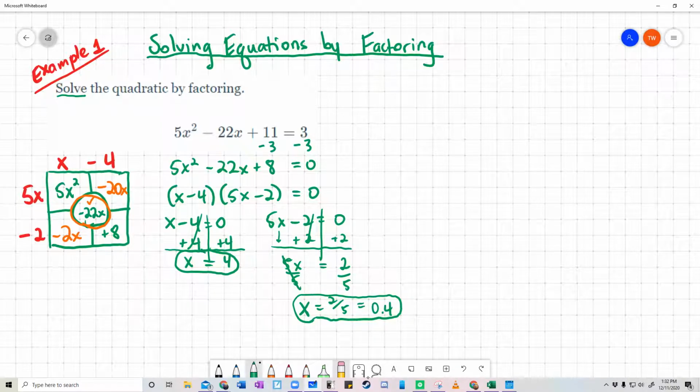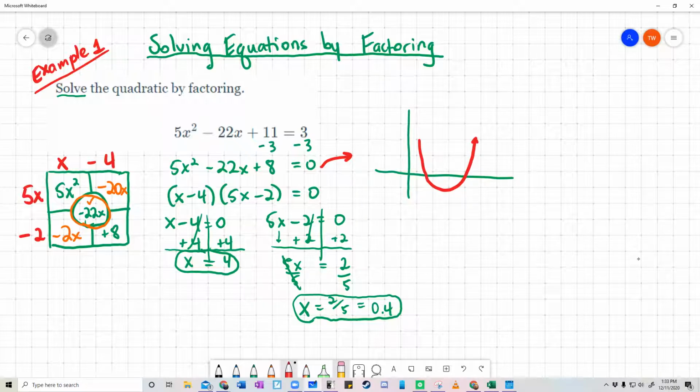All right, so that's the first example. Just to recap before we move on: we looked at the graph of 5x squared minus 22x plus 8. We noticed that it had 2 zeros. It made a parabola. One was at 0.4 comma something.